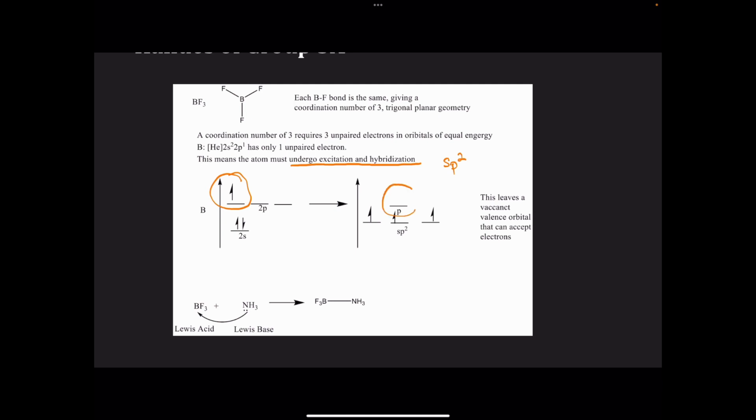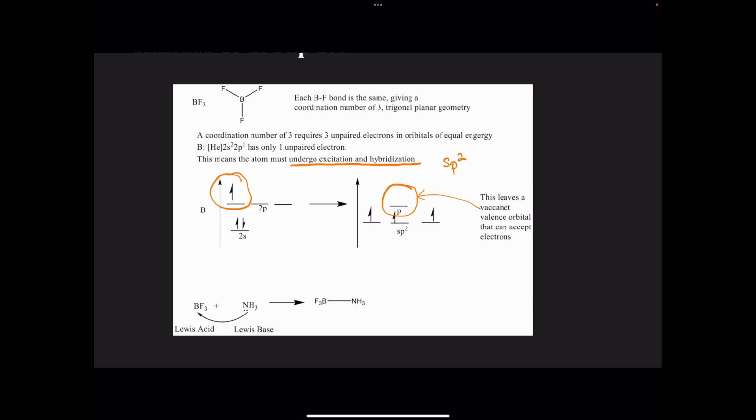We are then left with this vacant valence orbital. That vacant valence orbital can accept a pair of electrons. So we have to have a completely empty orbital to accept a pair of electrons. Because boron has that vacant p orbital, when it forms this structure of BF3, that BF3 can be a Lewis acid.